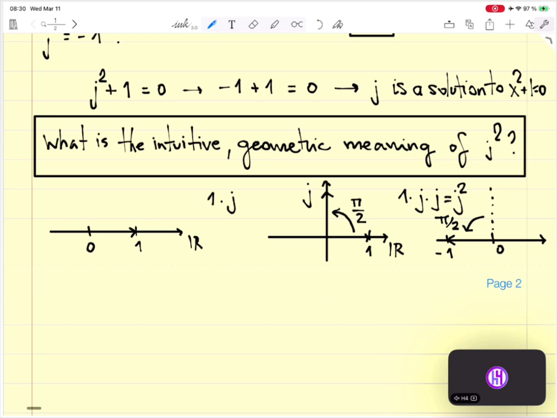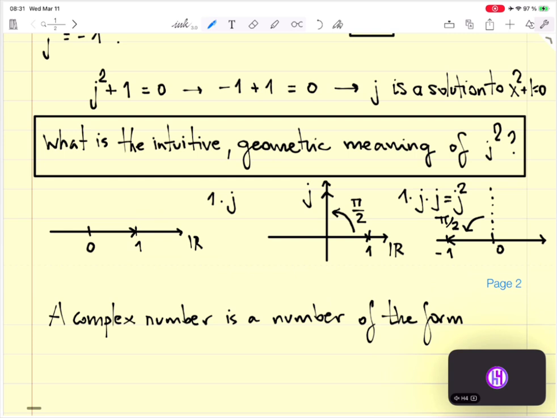So a complex number is a number of the form z equals a plus j times b.